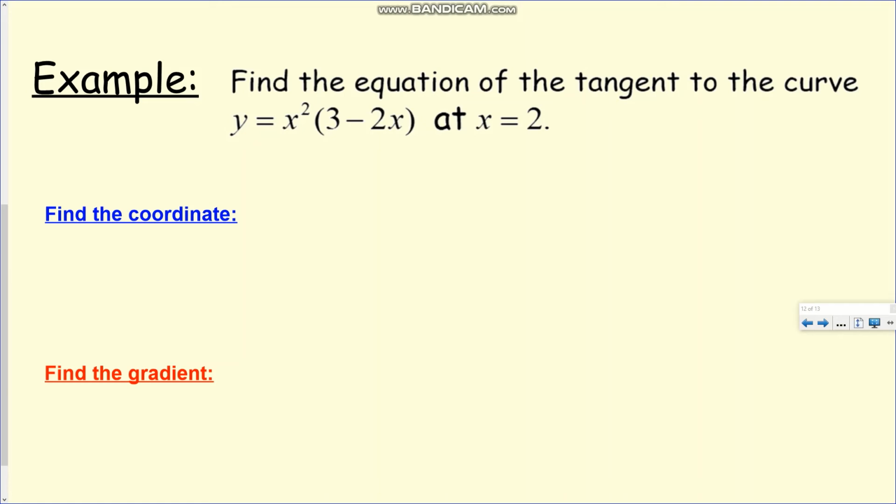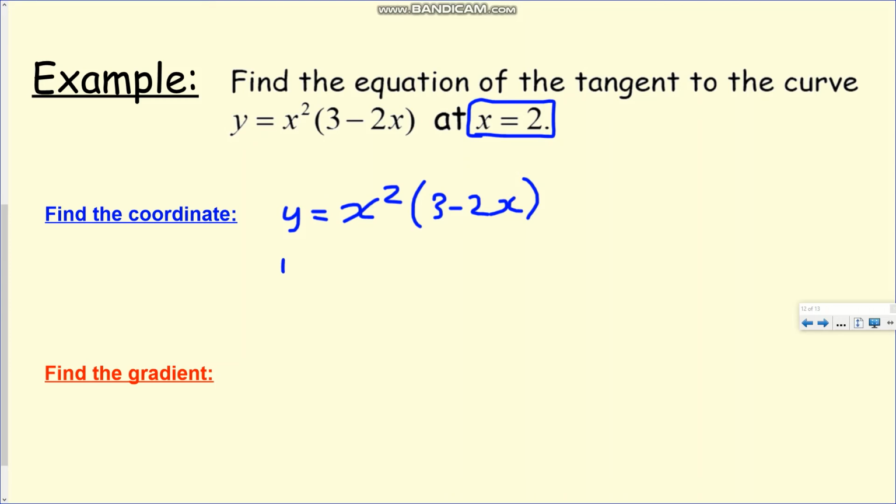To start this off, find the coordinate. I know that y is equal to x squared times 3 minus 2x. That's from my question just above there. I also know that we're looking for the tangent to the curve where x is equal to 2.